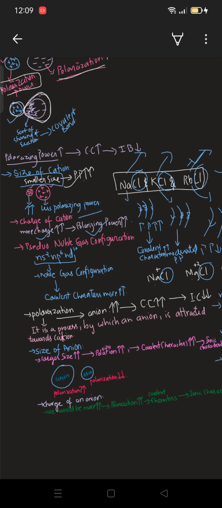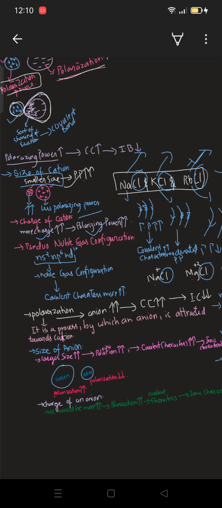We discussed the conditions with respect to cation and with respect to anion in detail. The cation must have a smaller size. If it has a smaller size, the charge density would be higher, and it would have more polarization power, which means more capability to attract the anion towards it.